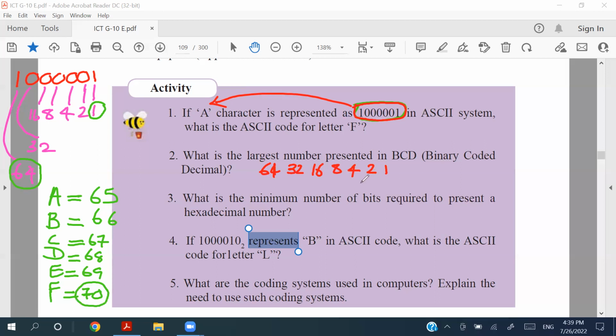Then I'm going to make 70 out of these. I need 64, and I need 4, and I need 2. So this is going to represent 70. So your answer is going to be this.